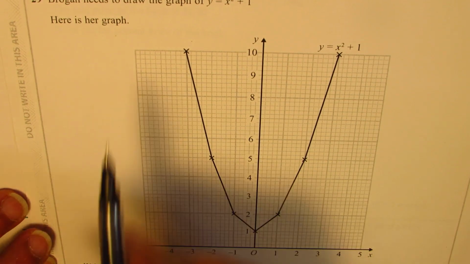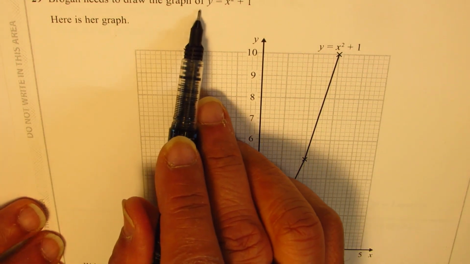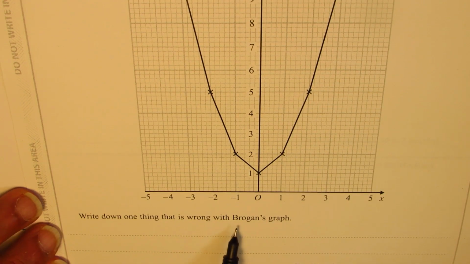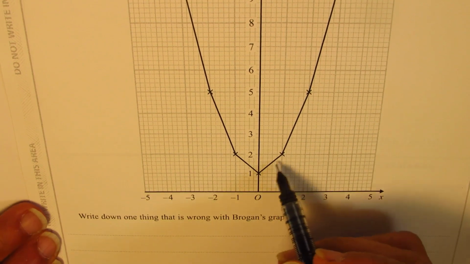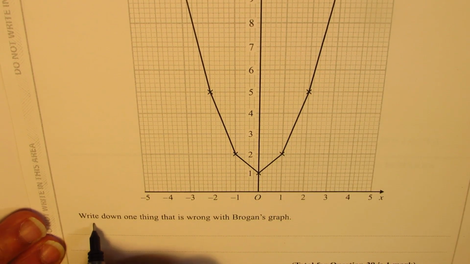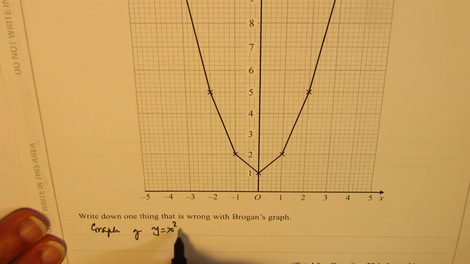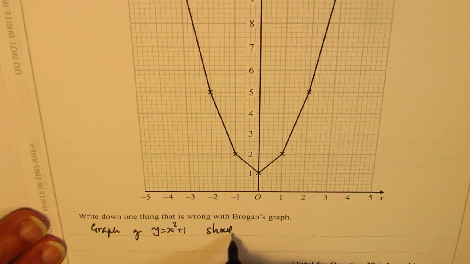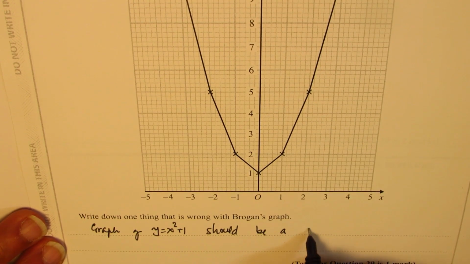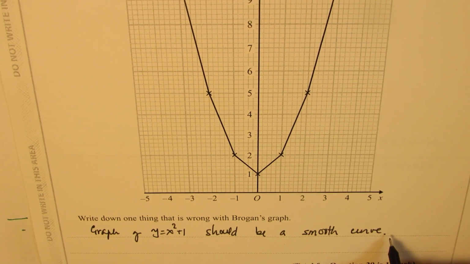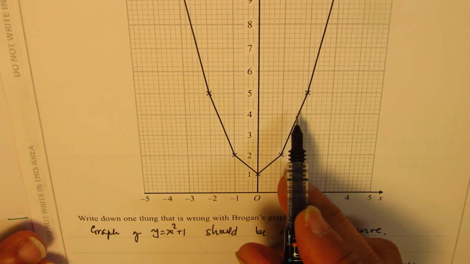29. Brogan needs to draw the graph of y equals to x squared plus 1. Here is her graph. Right. One thing that is wrong about Brogan's graph. Well, it should be a smooth curve, right? So the graph of y equals to x squared plus 1 should be a smooth curve, right? That is what it is. So basically, we have those sharp corners which should not be there.